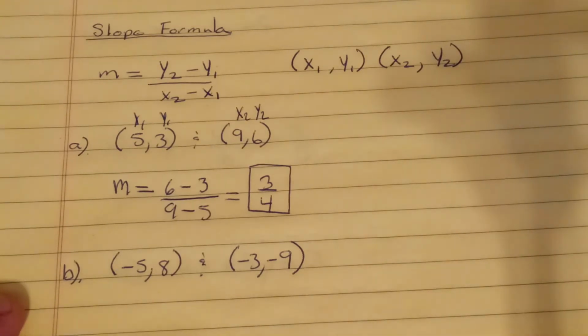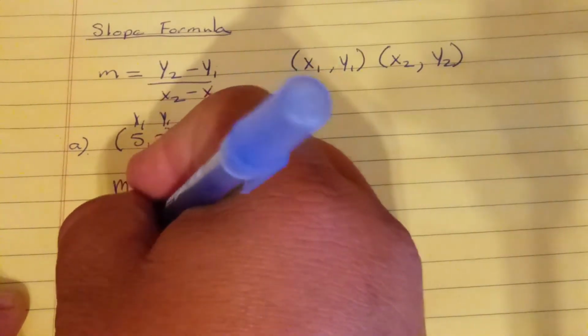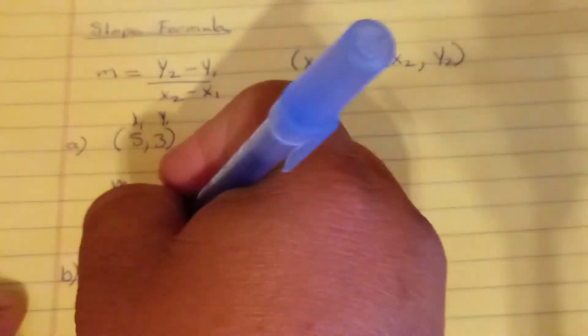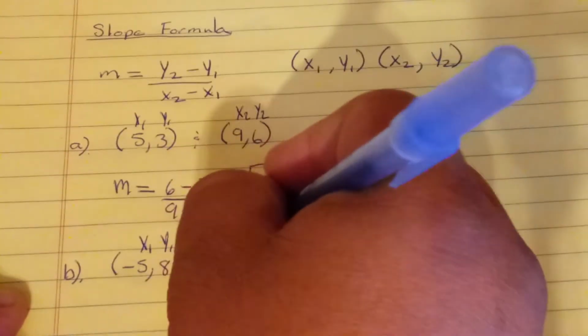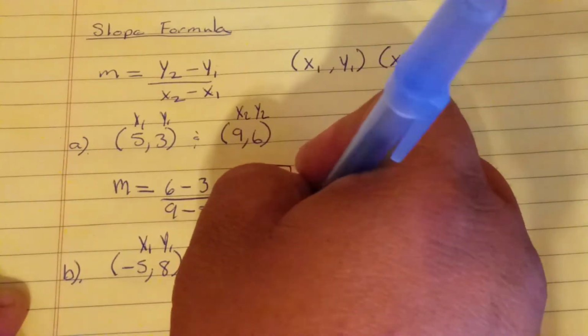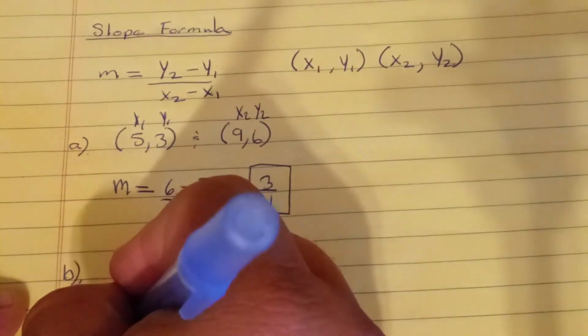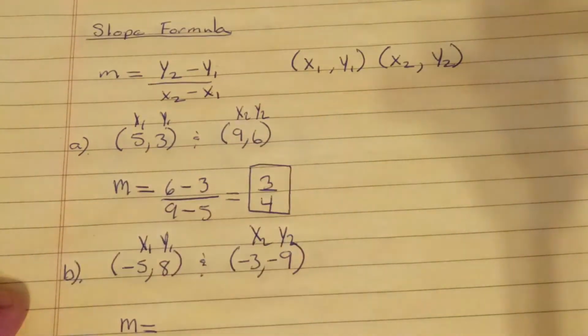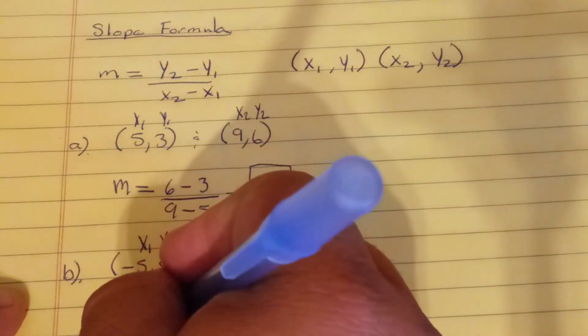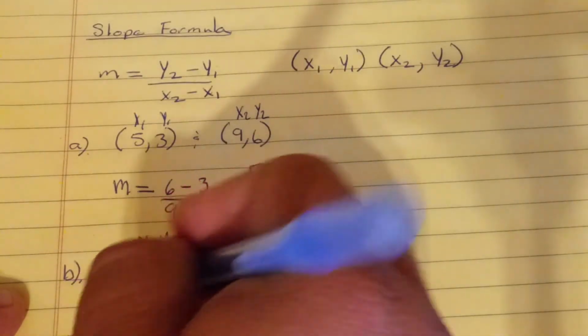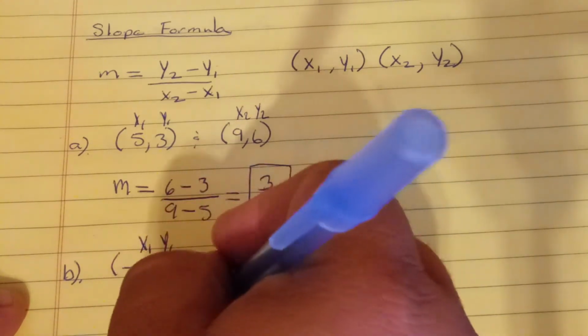Okay, so we're going to go ahead and label this x1, y1, x2, y2. So first of all, y to the second is negative 9, minus y to the first, which is 8.